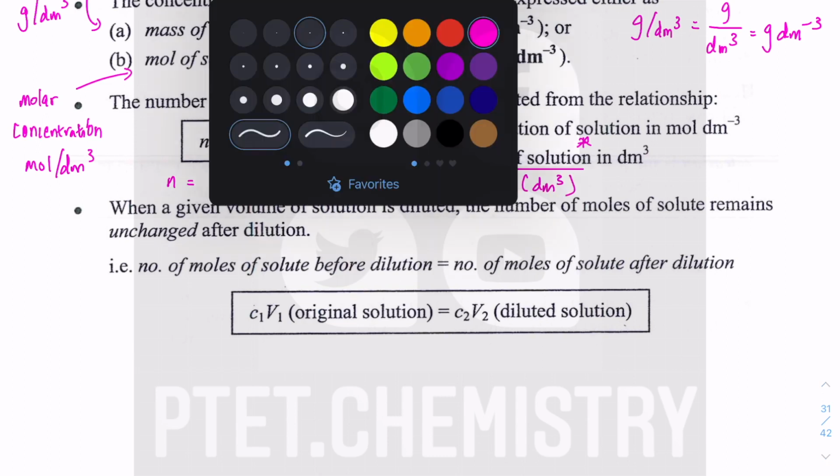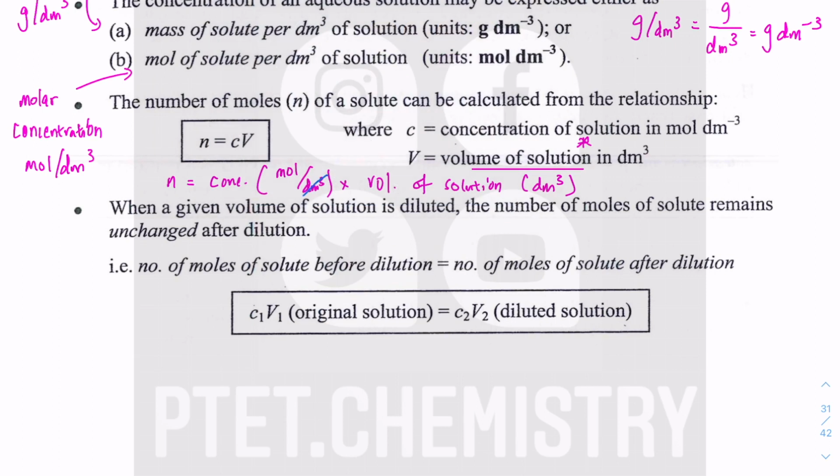So you can hopefully see that you can cancel out per dm cube and dm cube, giving you the quantity of mole of the solution. So this is your third and final formula: mole of solution equals concentration in mole per dm cube times volume of solution in dm cube. This formula doesn't quite work when you have gram per dm cube. It only works with mole per dm cube because you want mole on the left hand side.